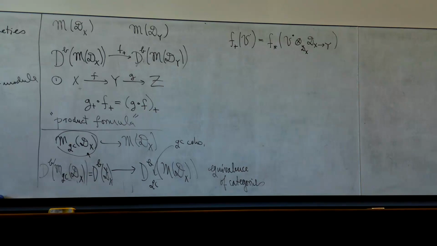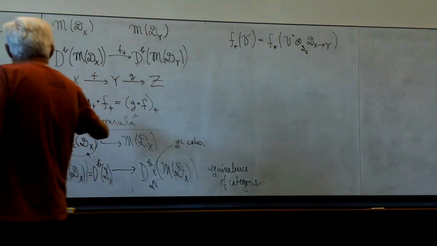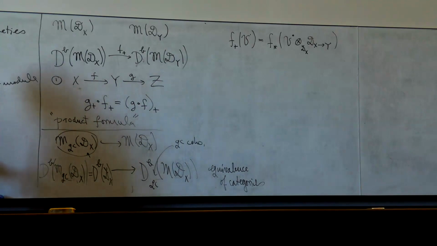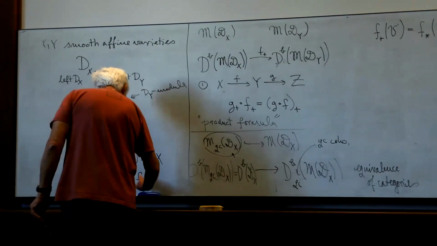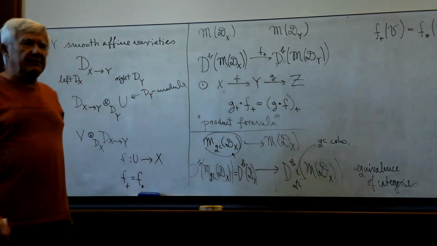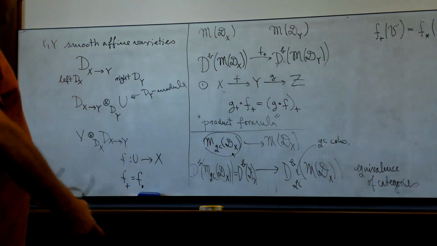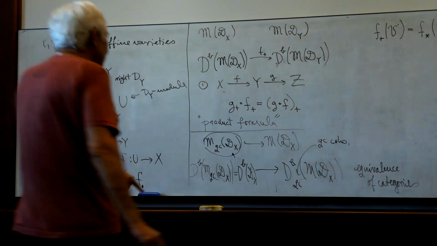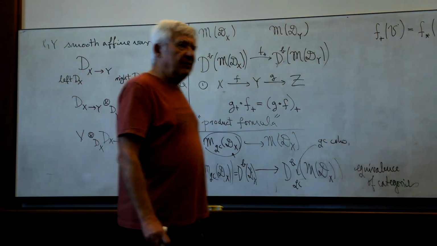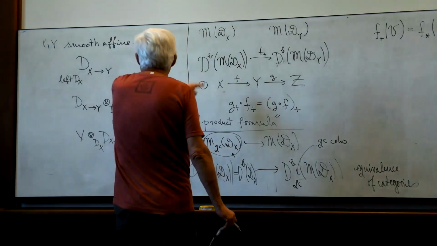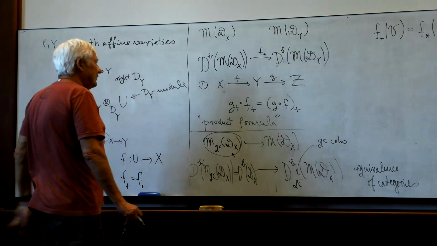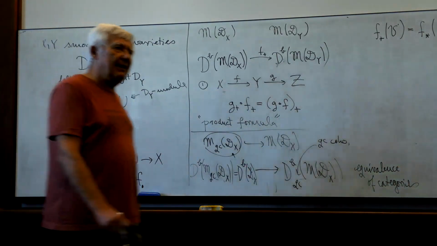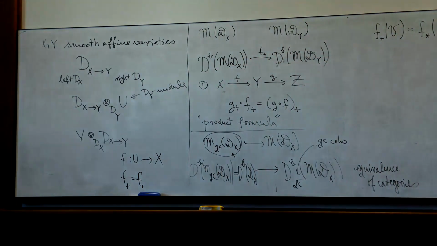And to check that if F is an open embedding, then F lower plus is F lower star, the sheaf-theoretic direct image. So in terms of Čech resolution, everything reduces to this statement. If you know that this functor is the same as this one, then everything follows by some standard tricks.